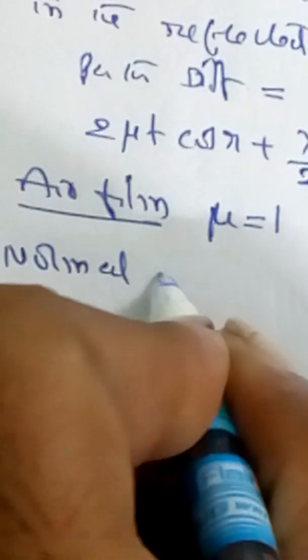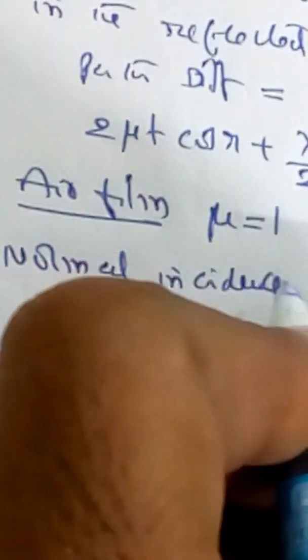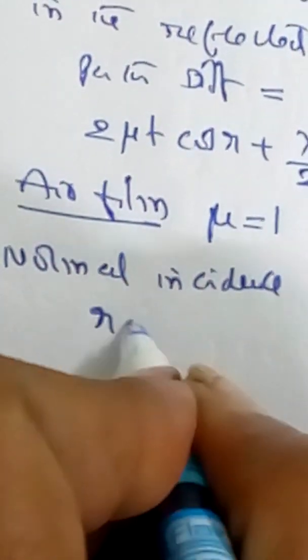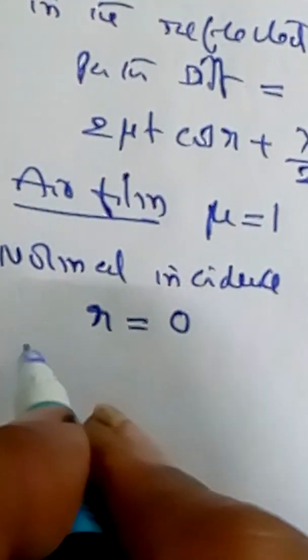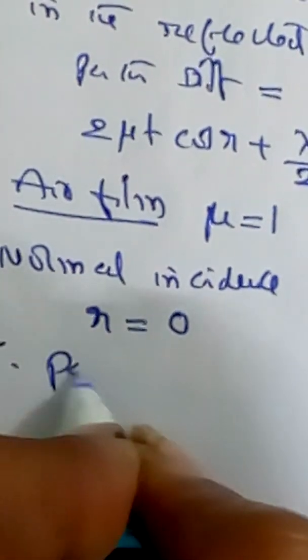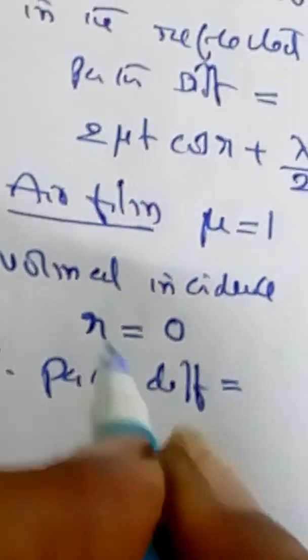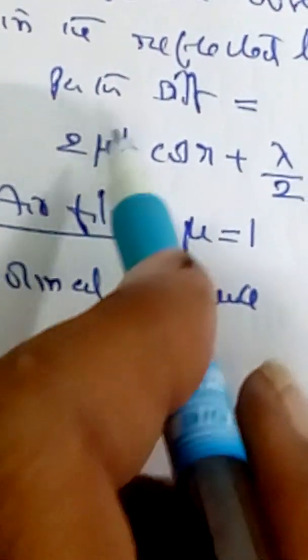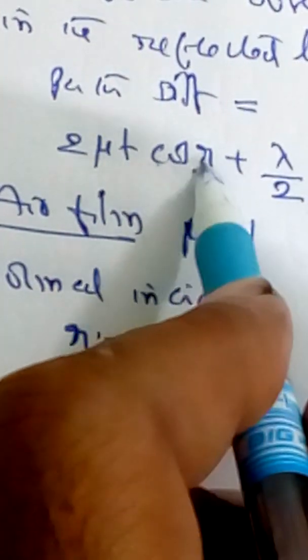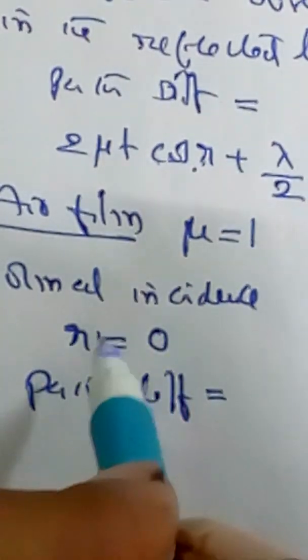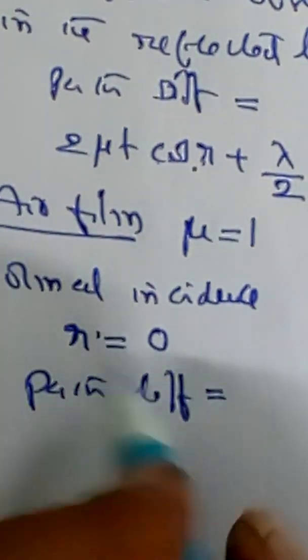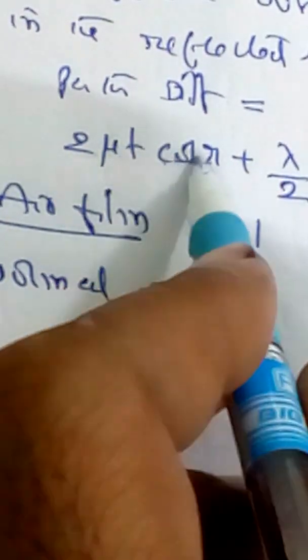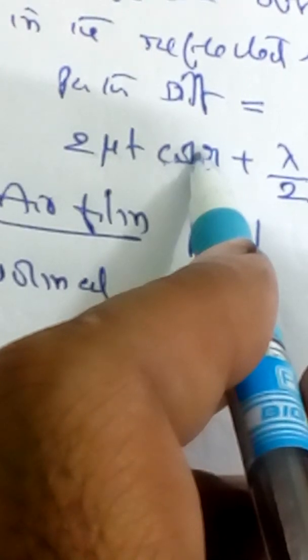If it is incident normally, when you say normal incidence, it means the angle of refraction r equal to 0. Therefore, the path difference will become, substituting r equal to 0 and mu equal to 1, cos r is cos 0 which is 1.